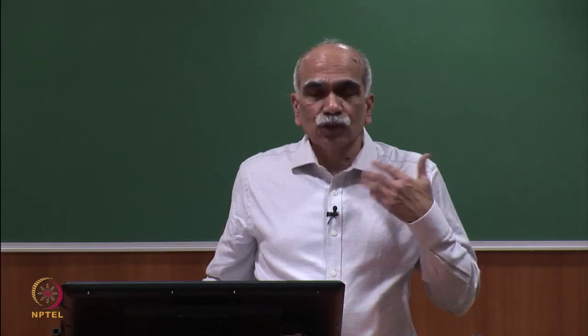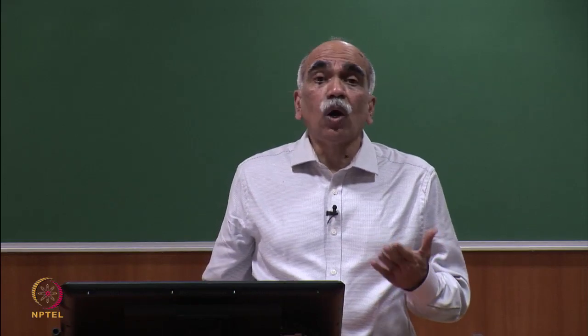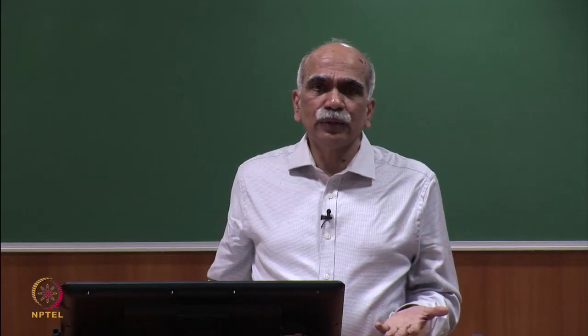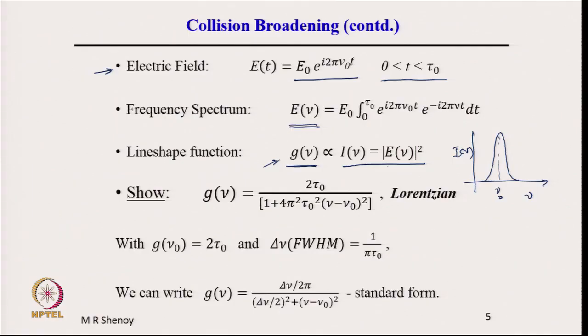So, wherever there is a stronger emission, we have a larger value for G nu, or a higher value for the intensity, and therefore, G nu is proportional to I nu, which is equal to mod E nu square. So, G nu is equal to some constant k into mod E nu square.